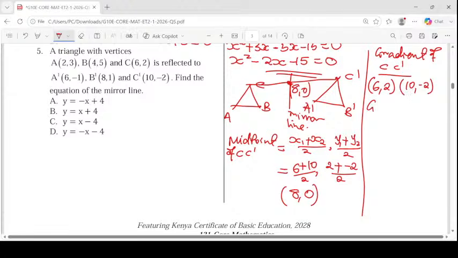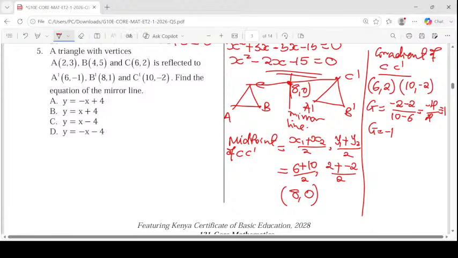So my gradient will be given by change in y, which is negative 2 minus 2, over change in x, which is 10 minus 6. So this will be negative 4 over 4, which is negative 1. Our gradient here is negative 1.